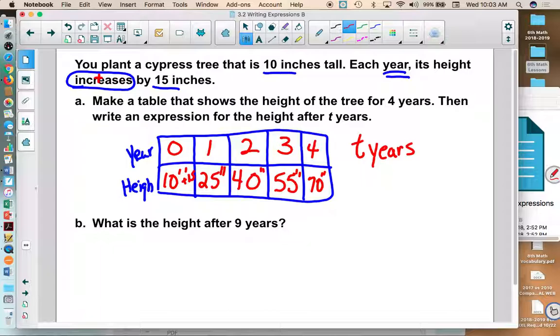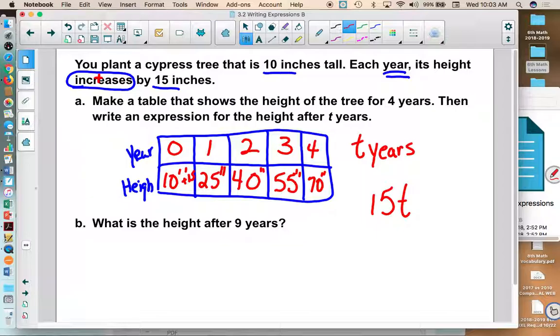What do you think, Jaslyn? 15 times t. Well, that would tell me every year it grows 15. I agree with that. But is that going to tell me how tall that tree is? No. Alone, would it tell me how tall the tree was?